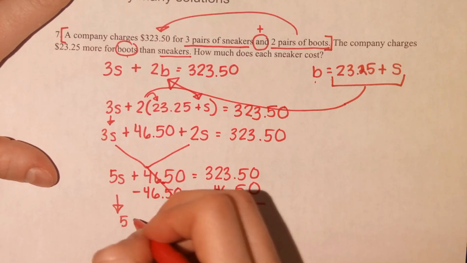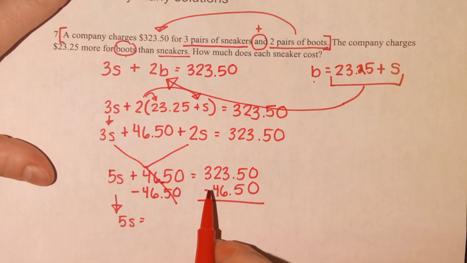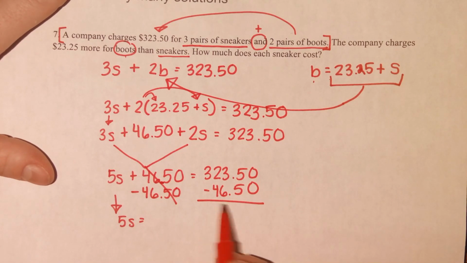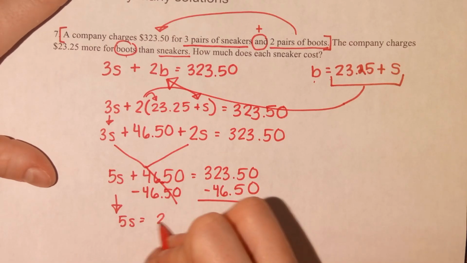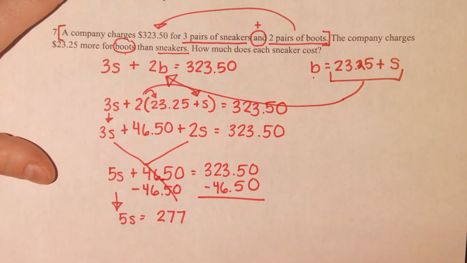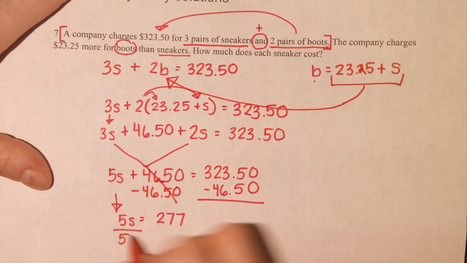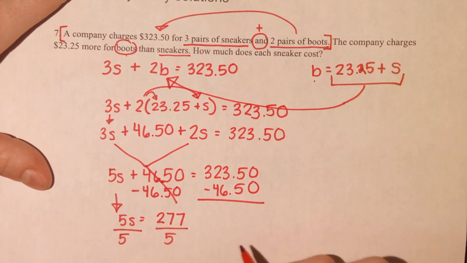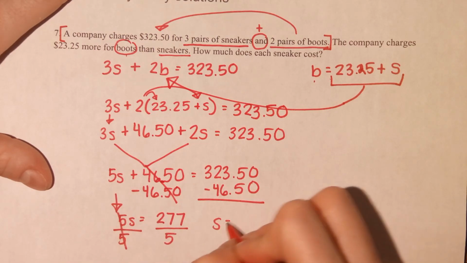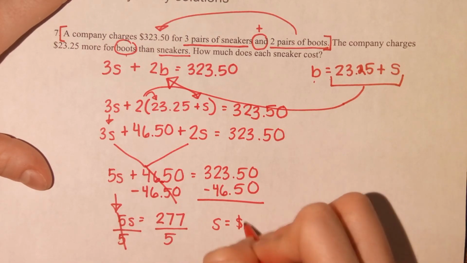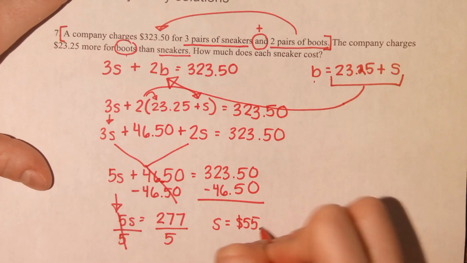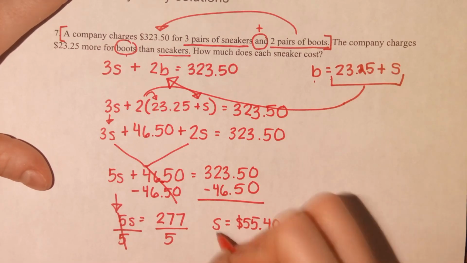And now, in order to get the cost of the sneakers, I divide by 5 from both sides. S equals $55.40. That's my cost for sneakers. And that's all they ask for. They only want to know how much do sneakers cost. We just figured it out, $55.40.